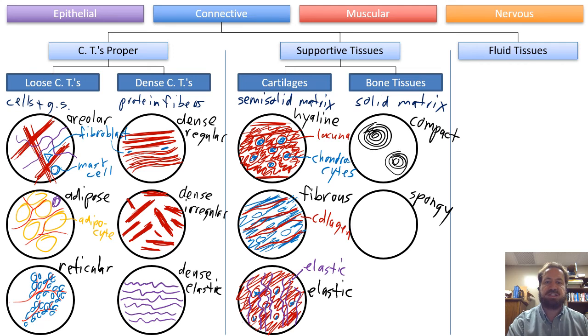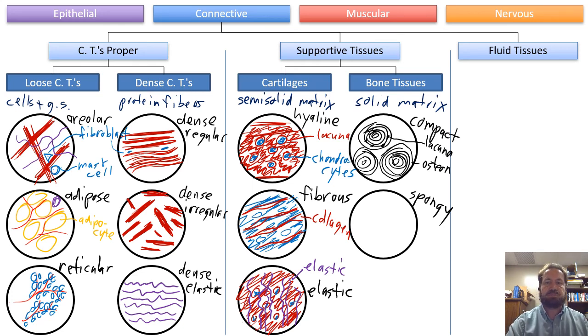Okay, so compact bone tissue has these things called osteons that look for all the world like tree ring structures. Okay, makes it a very distinctive tissue, very easy to recognize. And along those, if you look very carefully, there are places where you can see lacunae with, this time not chondrocytes, but it's bone, osteocytes.